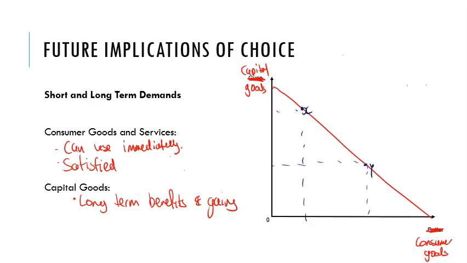And essentially, we've got to be thinking about satisfying our wants now or later. Long-term benefits, less satisfaction in the short term. So individuals and businesses need to have a preference. And we need to be thinking about these at different times.